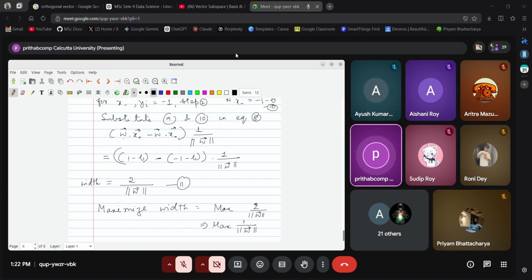Or even you can say, so keeping it in the denominator is very difficult actually. So what we can say is that instead of saying maximizing this, we can also say minimize this, right? So ultimately then this becomes our objective function.